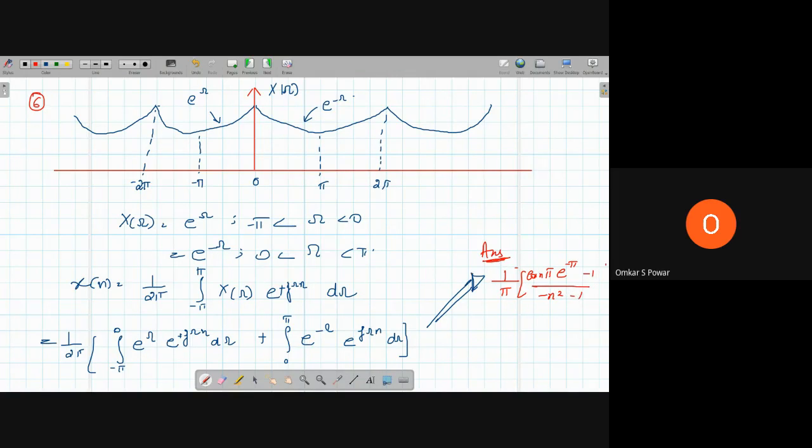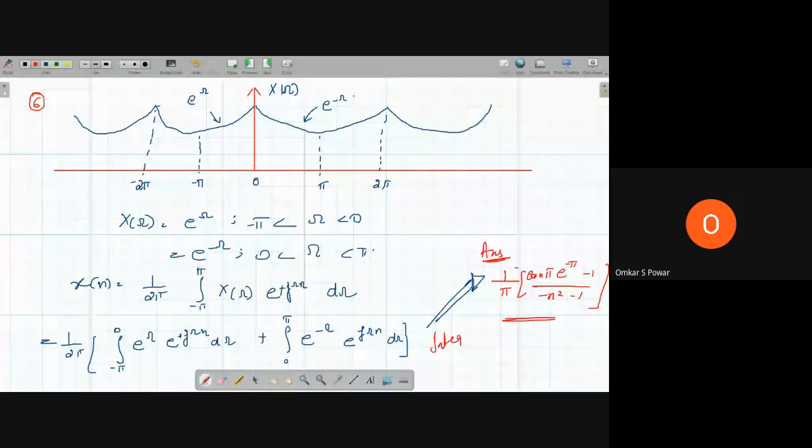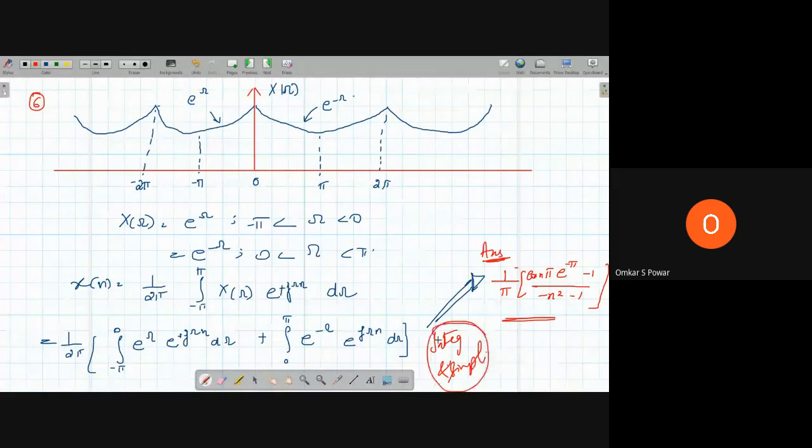I don't like to do those things like integration and simplification. Those you have to work out, and then you have to land up at the answer. But the logic I have given you: you just write it and integrate it.